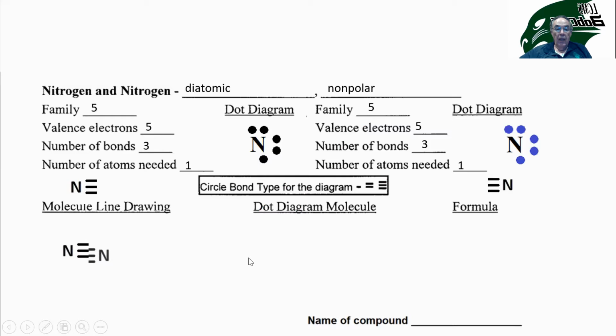So in the line drawing, it shows that these are triple bonded, which means there's 6 electrons here, 3 from the nitrogen on the left and 3 from the nitrogen on the right. And then to make the dot diagram of the molecule, we start off with the same element symbols.